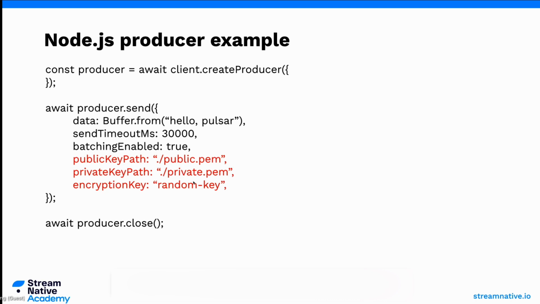It doesn't know if it's encrypted or not. The message generated from the producer is encrypted by the producer. So if you want to do the encryption, you have to specify this. This uses asymmetric keys.